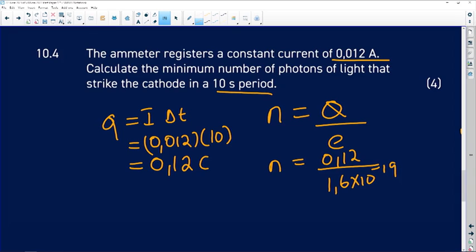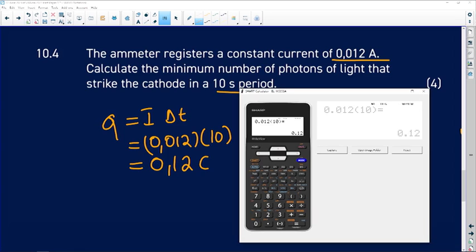So the number here, if we punch it in, is 0 comma 1 2, and we divide by 1,6 exponent negative 19.